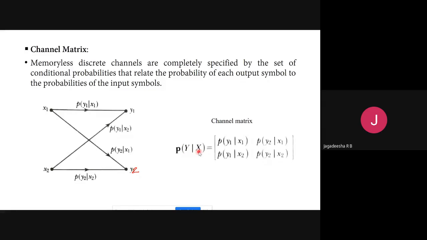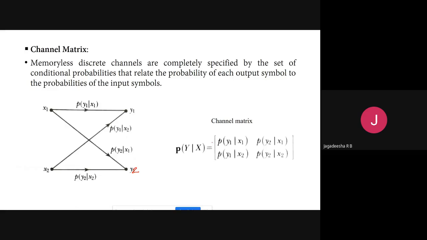So X and Y are the random variables. These variables hold the values: X will be holding the values of either x1 or x2 or both, and capital Y will be holding the values of y1 and y2. So that's represented here. You can consider something like this, maybe to understand it easily.